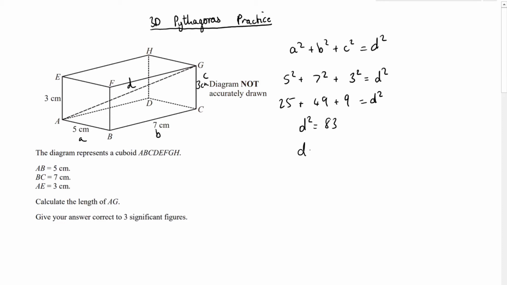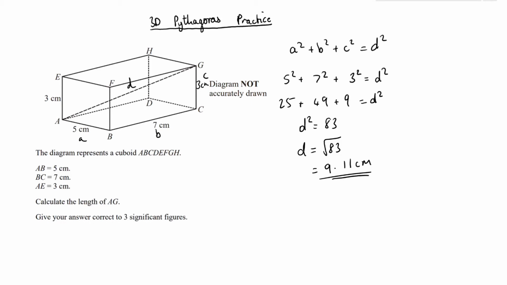So therefore D is going to be the square root of 83, which you can assume is going to be around 9-ish. So we'll just put that into a calculator. The square root of 83 is equal to 9.11, correct to 3 significant figures. And remember, it's a distance, so it's 9.11 centimeters.